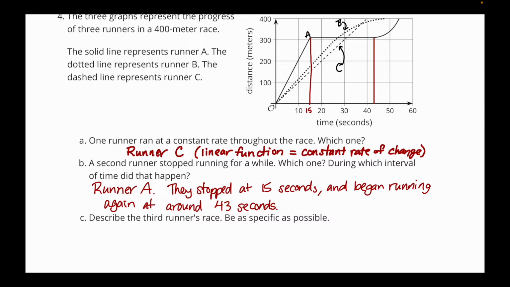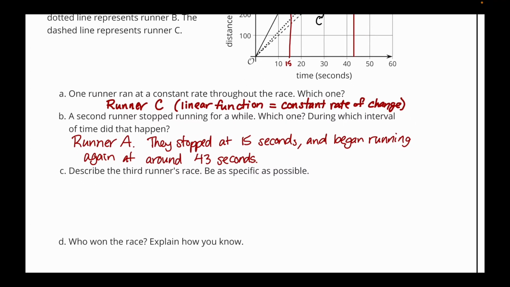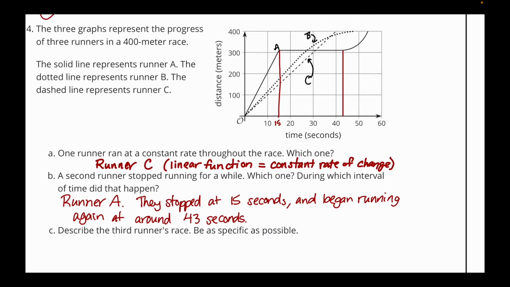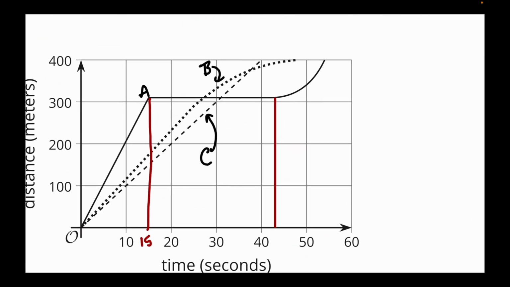Question 3 says, describe the third runner's race. So that is runner B. That now says be as specific as possible. So let's look more closely at this person's graph. For the most part, it looks like they're going at a pretty steady pace until about here is where I notice that the graph starts to curve.